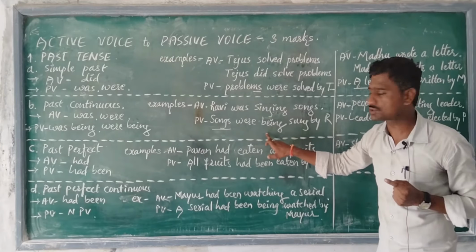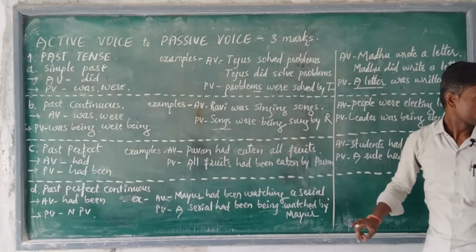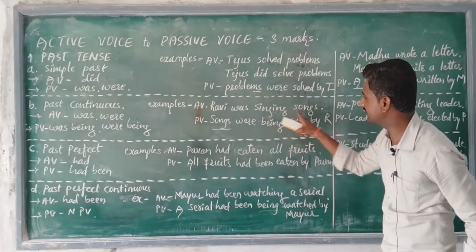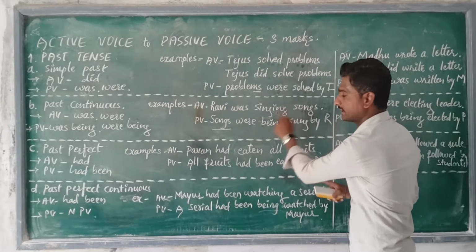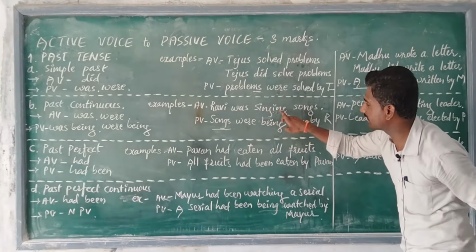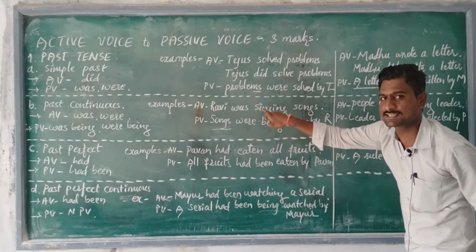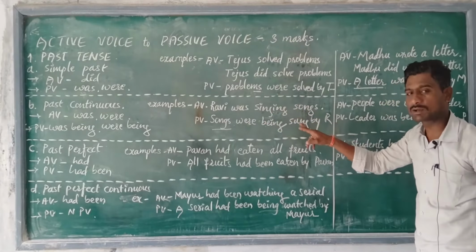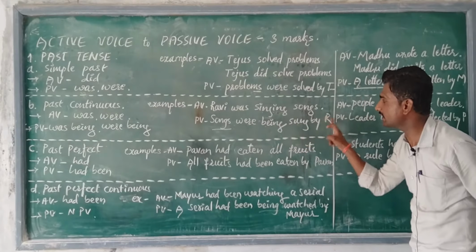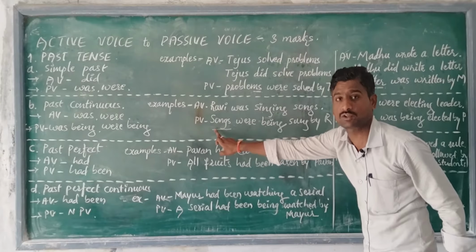Being is used instead of ing in past continuous. See, Ravi was singing songs. Songs, the quantity of the subject is plural. Songs were, instead of ing, being. Songs were being sing, this is V1, and the verb 3 form of this one is sung. Songs were being sung by Ravi. The quantity of the subject is plural.